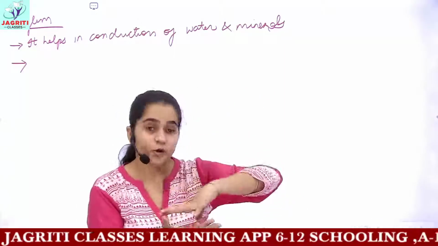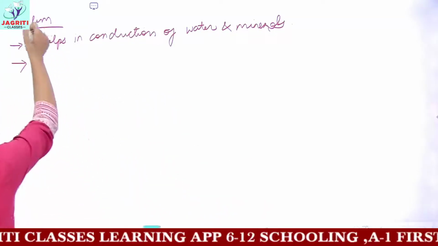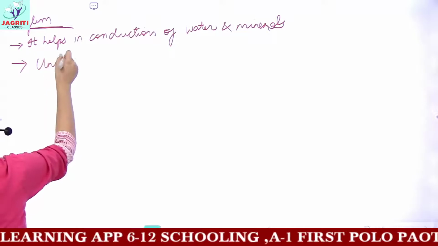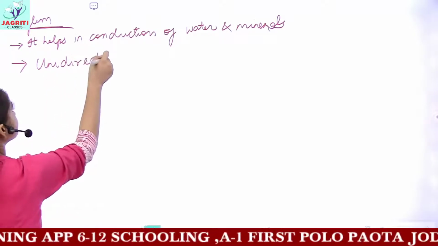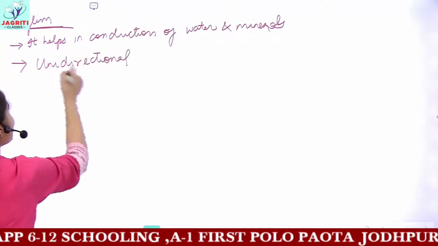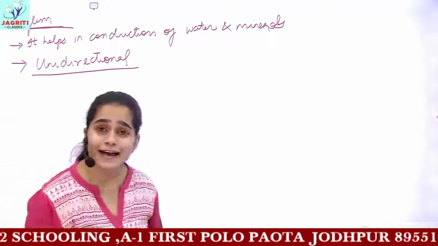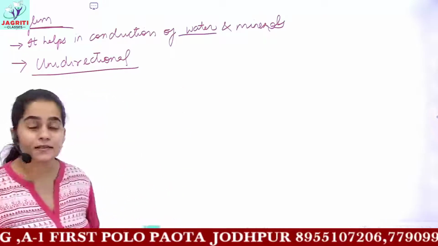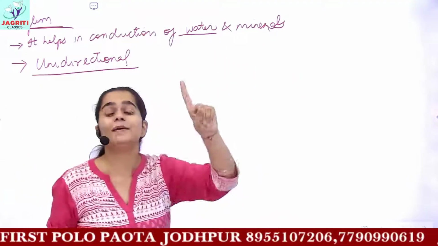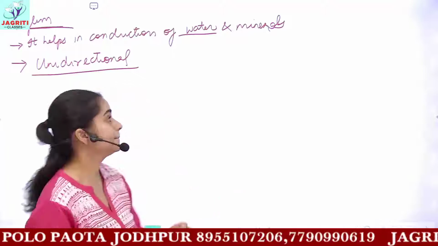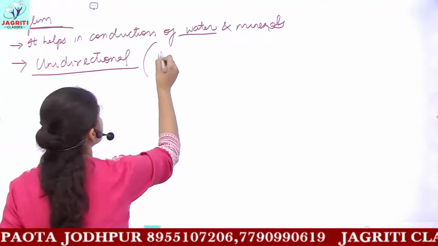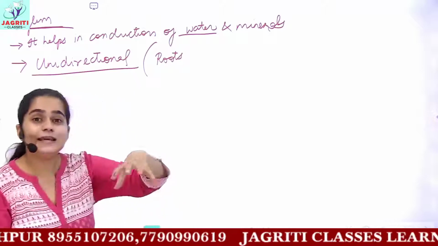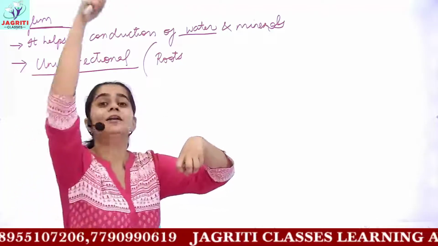So the flow of water, or the conduction in xylem, we say is unidirectional. And please understand why it is called unidirectional: it helps in the conduction of water and minerals, which will be absorbed by roots only. Unidirectional means the water and minerals are absorbed by the roots, and now these absorbed water and minerals travel upwards.